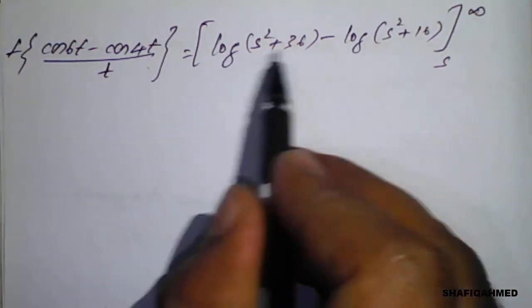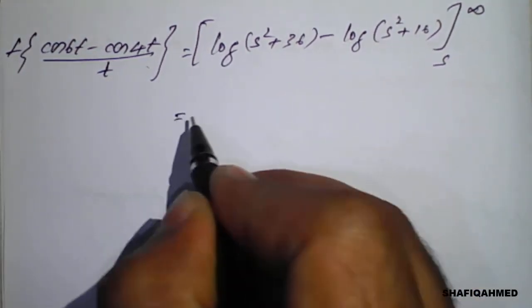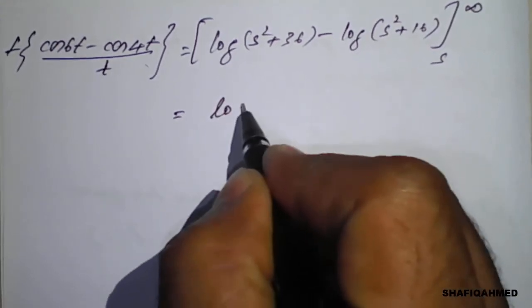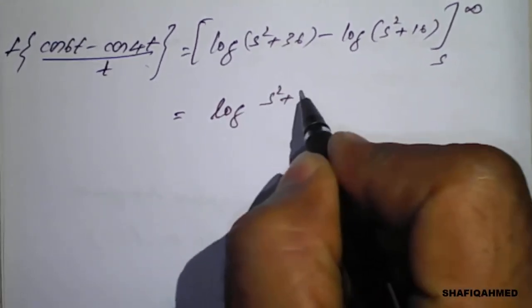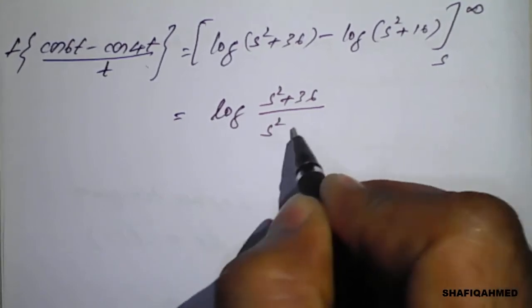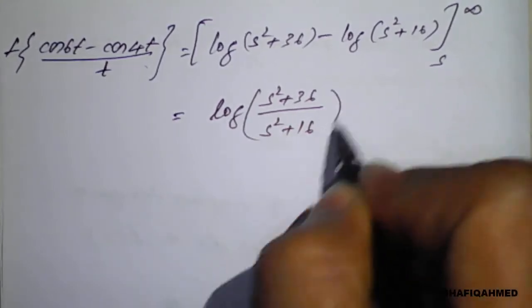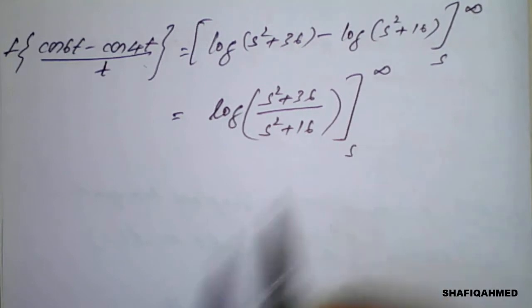Log a minus log b, we go for the first logarithmic property. So log of s square plus 36 divided by s square plus 16, with limit from s to infinity.